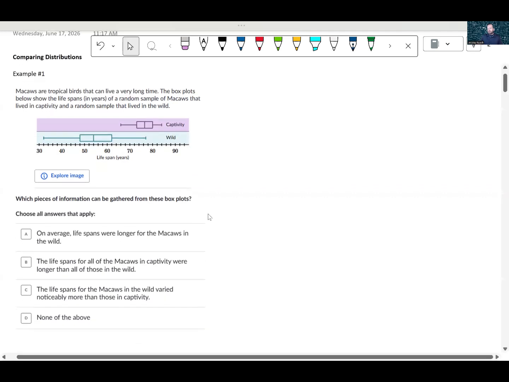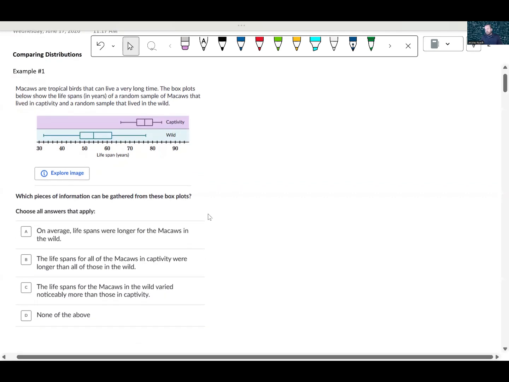So here we have a multiple choice question on, it looks like macaws, which are tropical birds, and their lifespans in years. And we have a box and whisker plot for two groups of macaws. We have macaws that are in captivity in the purple, and macaws that were raised or lived in the wild in blue. And so we need to check to see what sort of information we can gather from this.